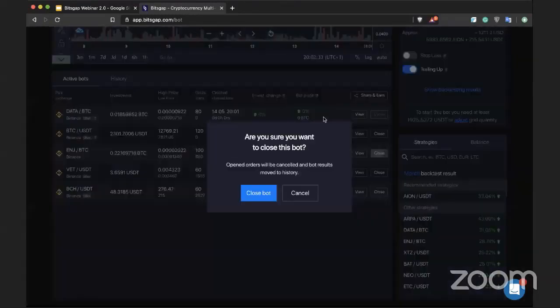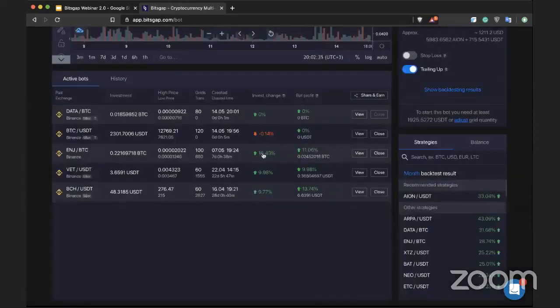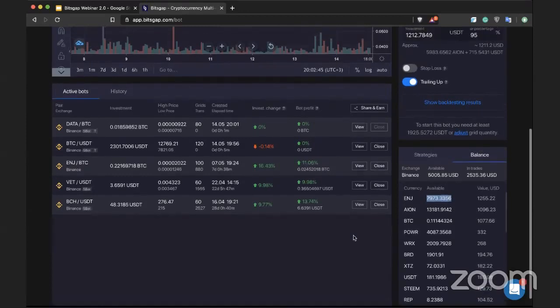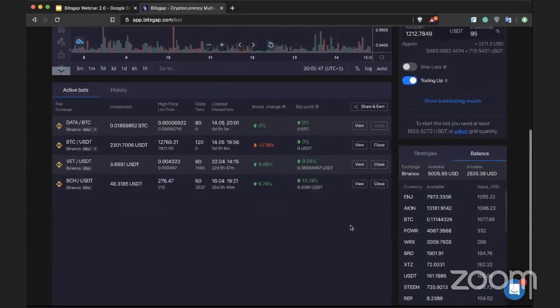So if I close the bot, that means that that amount of NG, that was 17,000, it's gonna stay in my balance. So I must keep in mind that I have this amount and that I'm still affected by the price fluctuation.